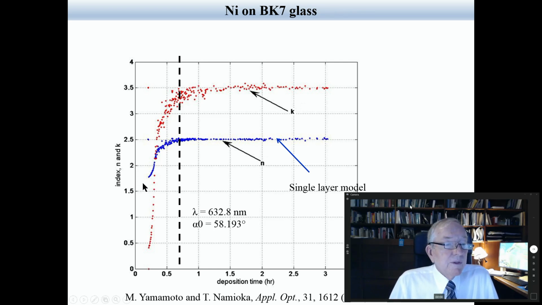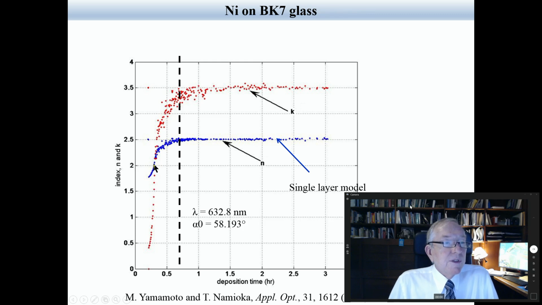So the idea was he made a deposition system with an ellipsometer attached, and then slowly grew a film, in this case nickel, on a VK7 glass substrate, and treated it as a single layer and looked at 2 points, and that way got data sufficiency. It was done at 1 angle of incidence and 1 wavelength only.